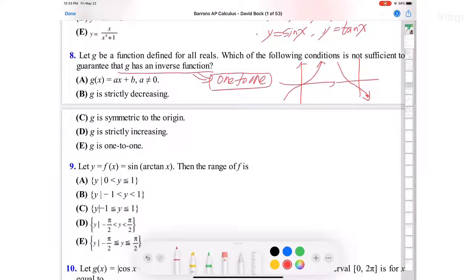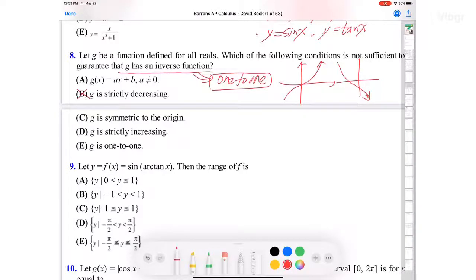So that kind of graph represents a one-to-one function, which has an inverse that is a function as well. So B says g is strictly decreasing. That is right. That is a guarantee that g has an inverse function.